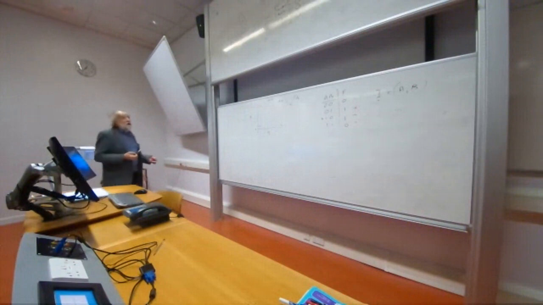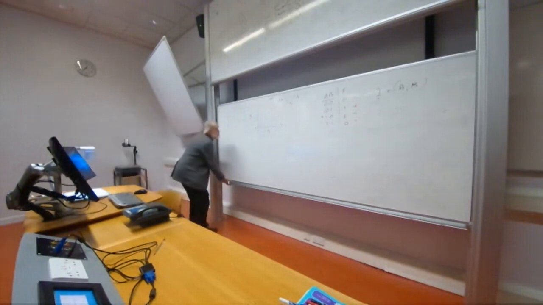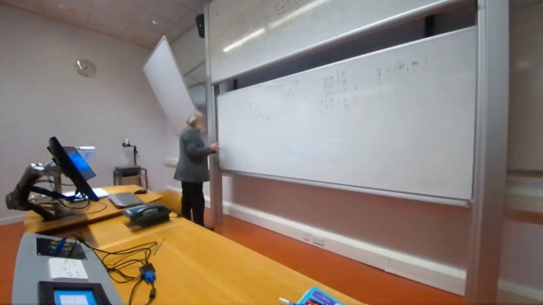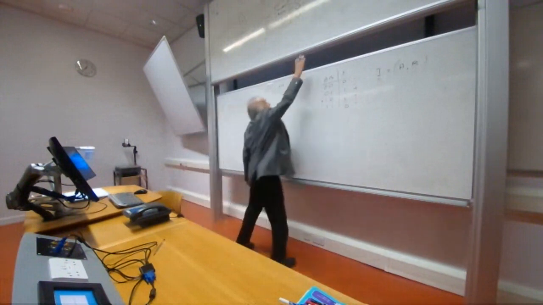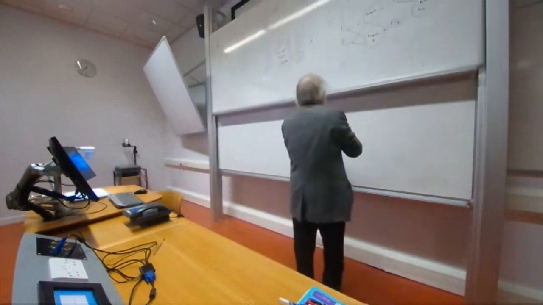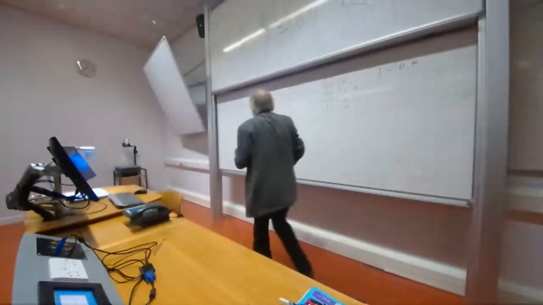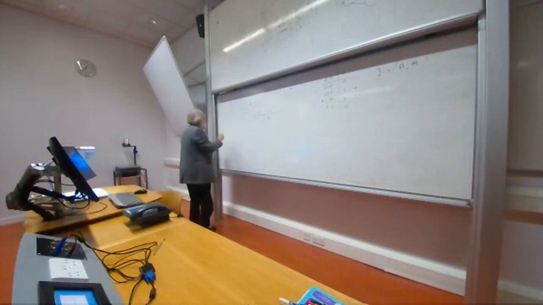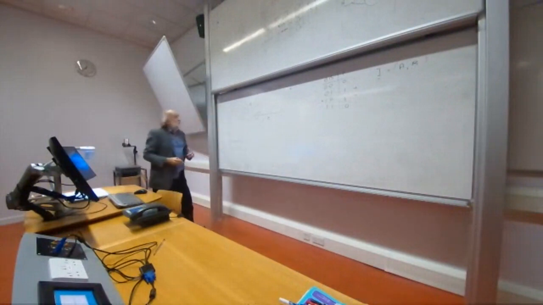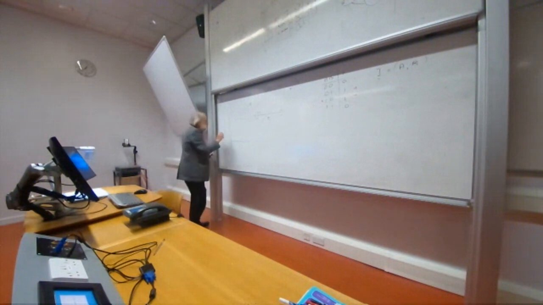Right. Having got that, I can now plot the decisions at this point in the two-layer system. I can have a look at this space, D1, D2 space. And if I plot that out, this is going to be D1, and this is going to be D2.